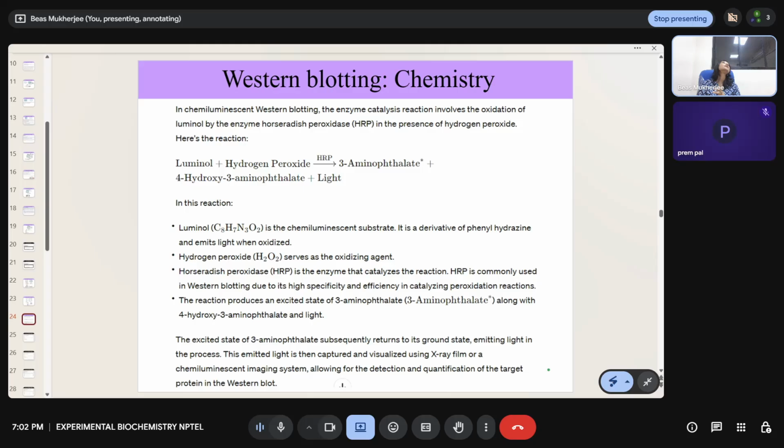So we know that in fluorescence and in phosphorescence, the electron returns from excited to ground state by giving out light, right? So this emitted light is then captured and visualized using the X-ray film or chemiluminescent imaging system. This is the ChemiDoc system that we use, allowing for detection and quantification of the target protein in the Western blot. Okay, so the light is basically detected and quantified.